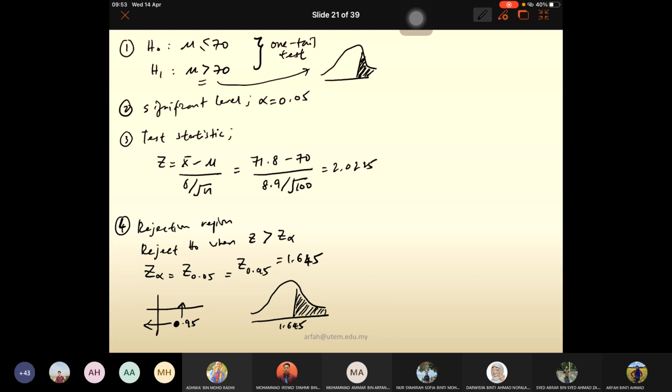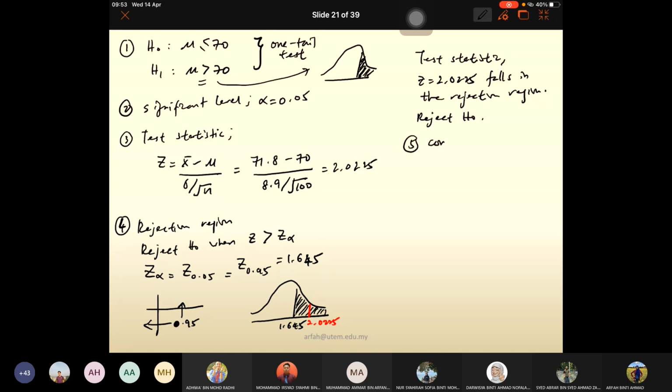And from here you get the test statistic is here. Let's say this is your 2.0225. Okay. Test statistic Z equal to 2.0225 falls in the rejection region. Okay. So reject H null. Conclusion will be based on H1.